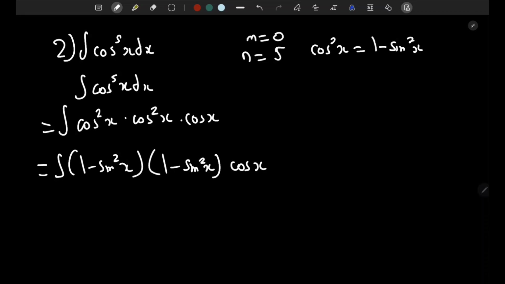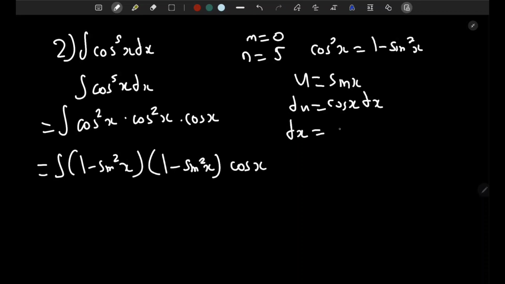So now think about this. What do you think u should be such that it cancels out cosine over here? So u here is going to be sine x, and du is going to be cosine x dx. And here we can rearrange and rewrite it in terms of dx.